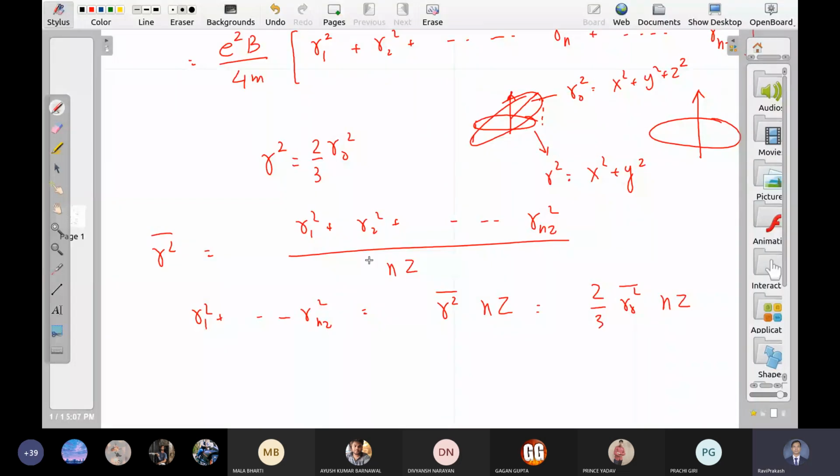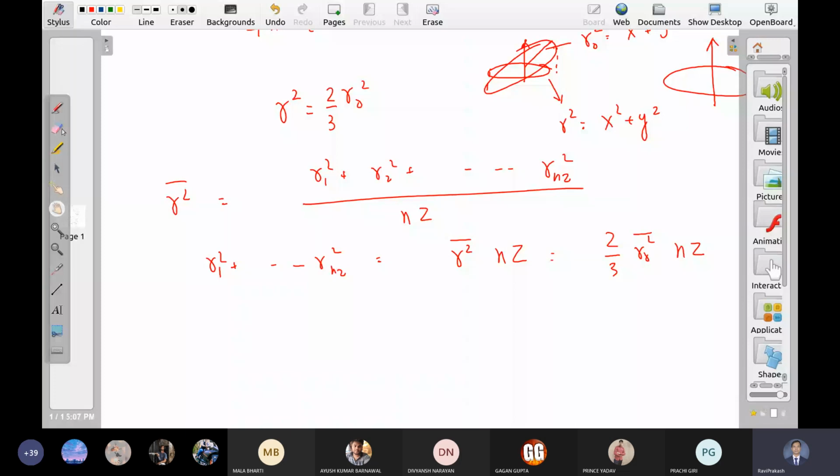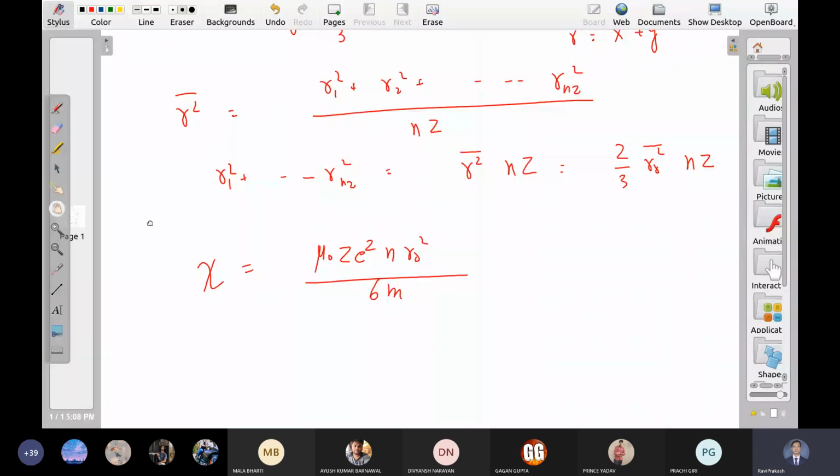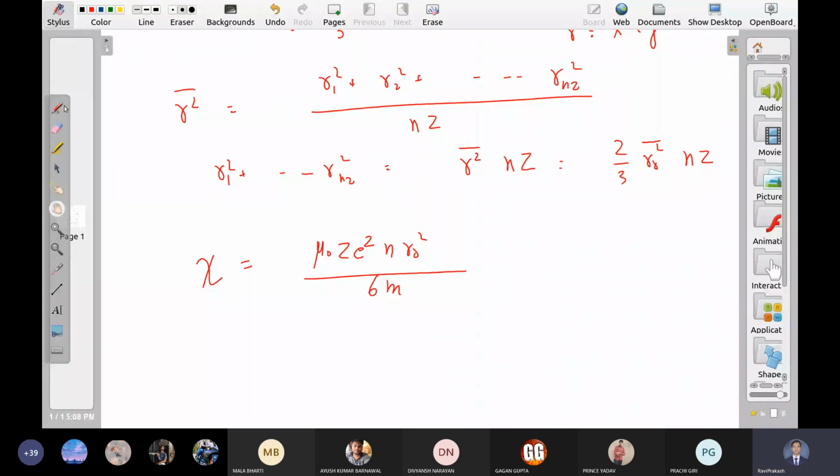Using all these numbers, we finally get this answer for susceptibility: chi is equal to mu naught Z e square n r naught square divided by 6m. That's where we stop. This is the susceptibility with minus sign.